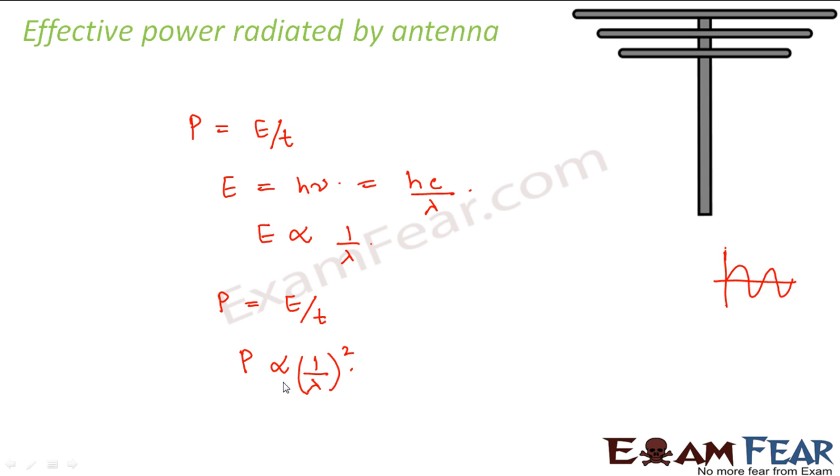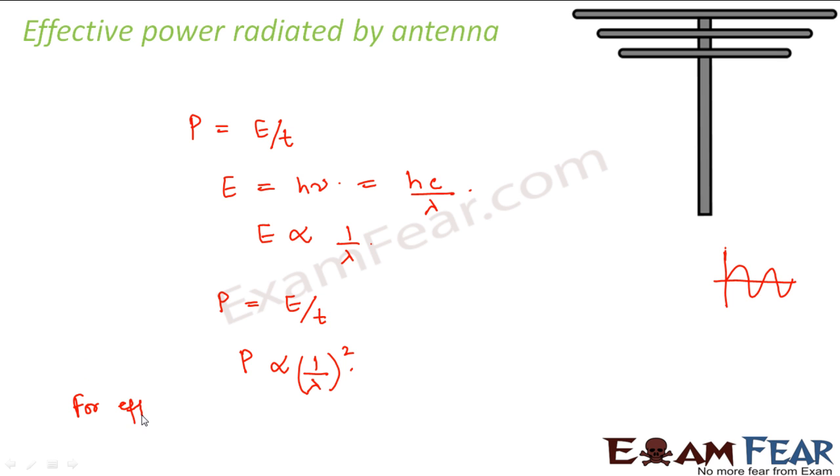Now when I consider only the power and the wavelength, what do we see? The power radiated will be more when the lambda is less. Now, when do we say that the signal transmission was successful and effective? For effective transmission, more power should be radiated.